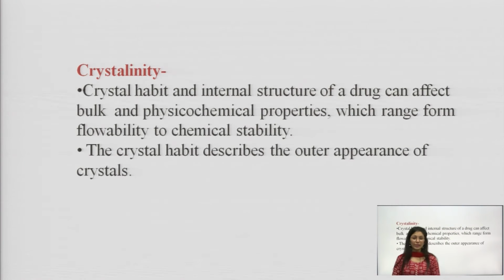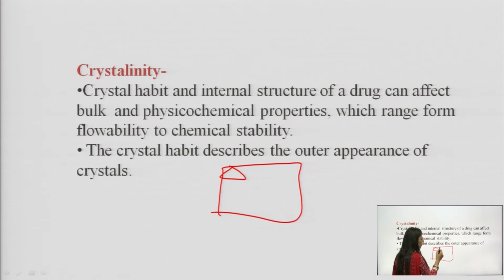Okay. So, what is crystallinity? Crystallinity is basically the internal structure of a drug that can affect the bulk and physicochemical properties, which range from fluidity to chemical stability. It means what kind of arrangement your drug has, and that arrangement is decided by the crystallinity, whether they are arranged in a very regular manner. Like for an example, I am drawing a diagram over here.